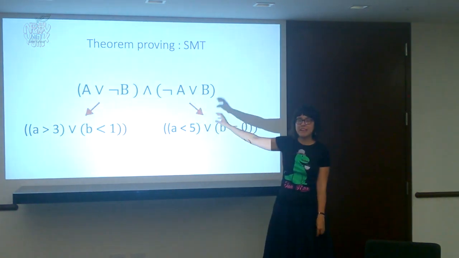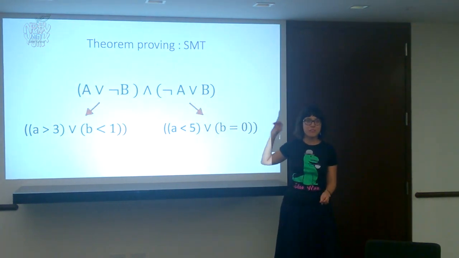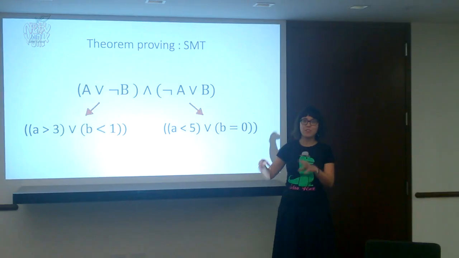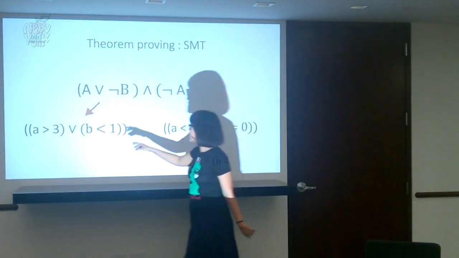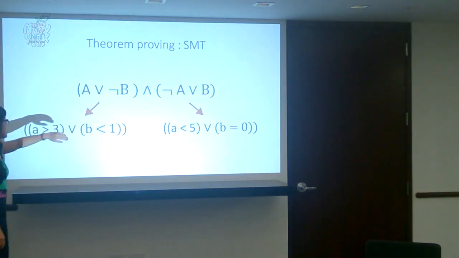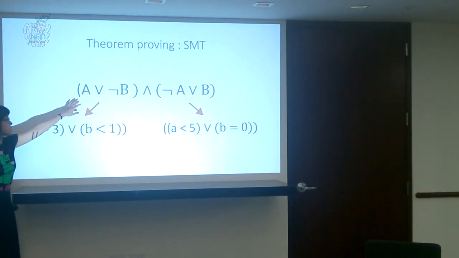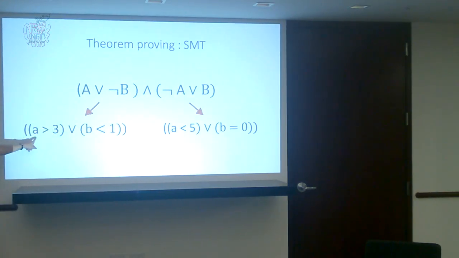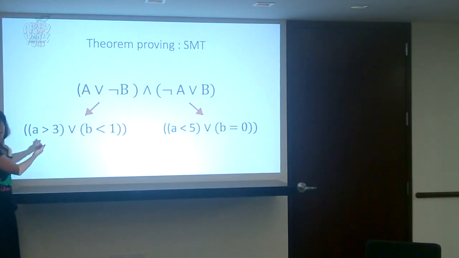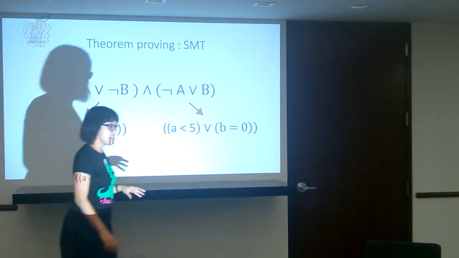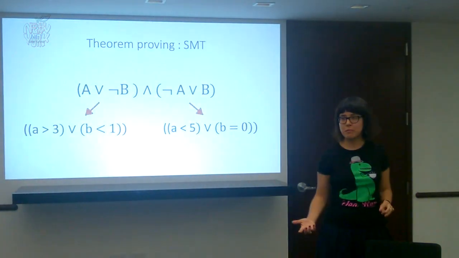And we can replace these variables with predicates that have the Boolean value when they are evaluated. So for example, here we have A. Here it would be true or false, but we can replace it with A is larger than 3. And now when we evaluate this part, it will be either true or false. So this is a simple modification.